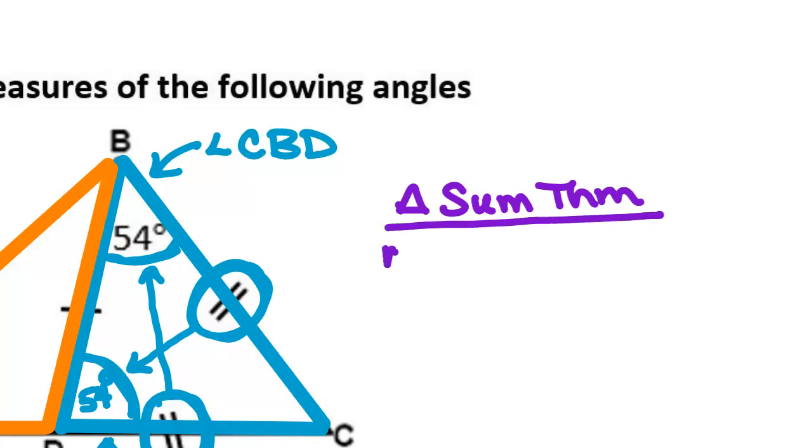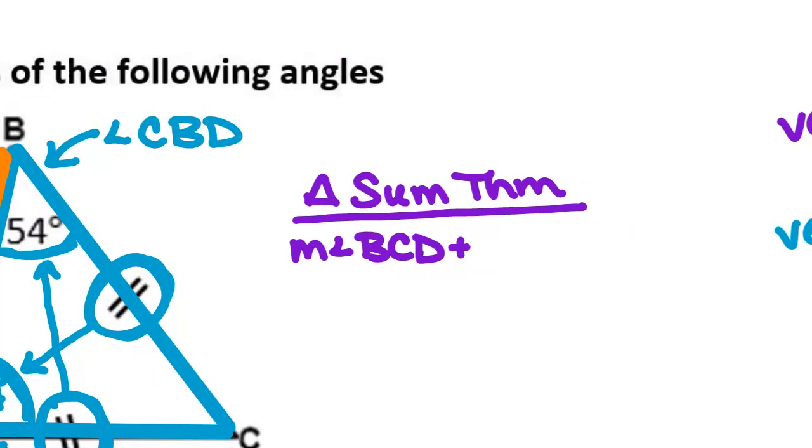So the measurement of angle BCD plus, what are the other 2 angles inside this blue triangle? And they're both how big? 54 degrees and 54 degrees.